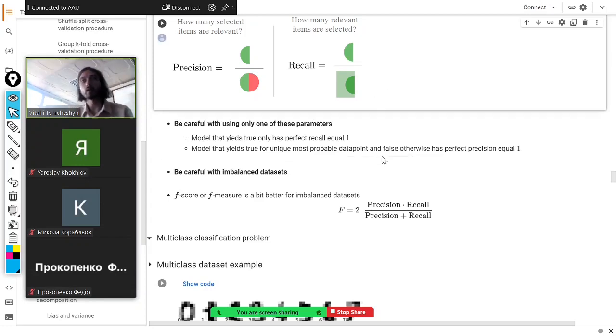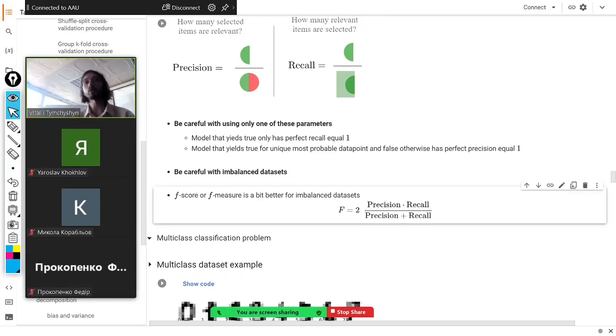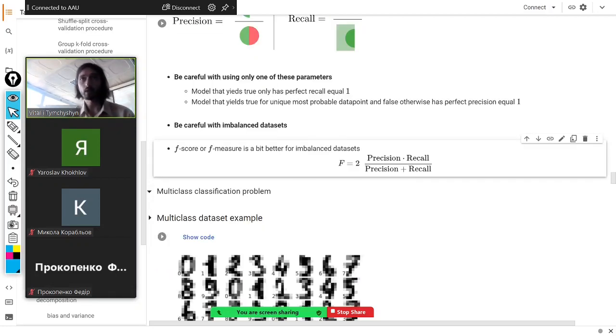There are many different methods to estimate models that were developed for multi-class classification. Here is the so-called F-score. You will probably use it at some point when we get into the models of classical machine learning.